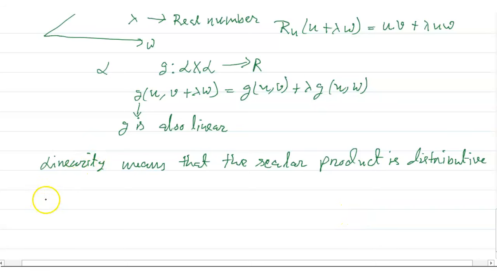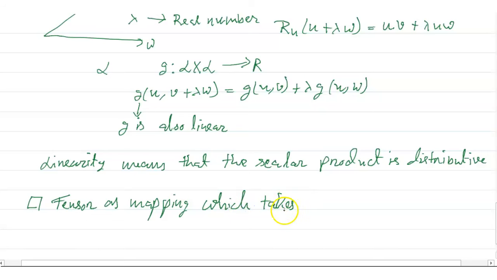Now we have seen tensor as mapping which takes some number of vectors and outputs a number.